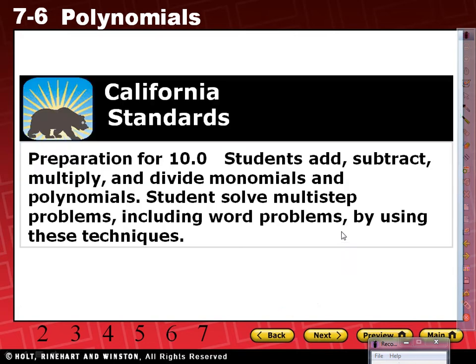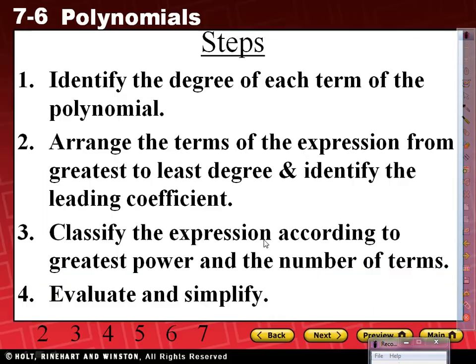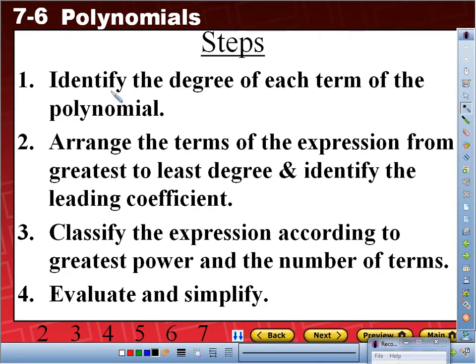Here we go. Yesterday I gave you the definition for polynomials. We said that they are monomials or the sum or difference of monomials. I gave you examples and non-examples, and we said that polynomials are expressions only and have various terms. I gave you steps, and we went through them. The first one was to identify the degree of each term.